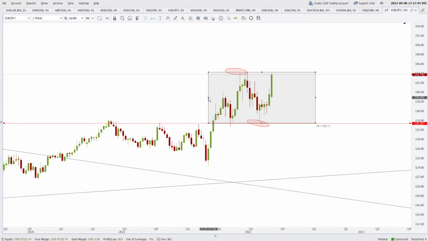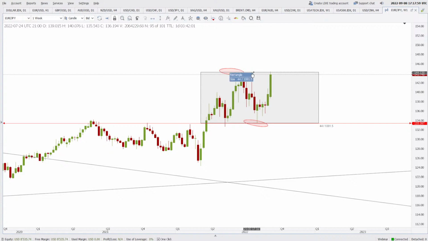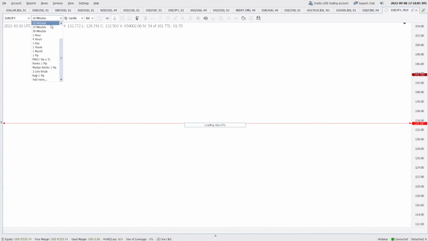A rectangle pattern is a range. The 133 to 143.75 area is the range. Now this range seems to be breaking anytime soon. If the euro starts rising from here, I think this is going to break. Now this is the weekly, but this has been a good resistance, so expect some price action on the lower side from here. Let us check it on the daily.